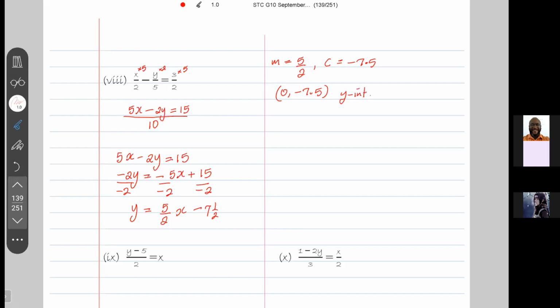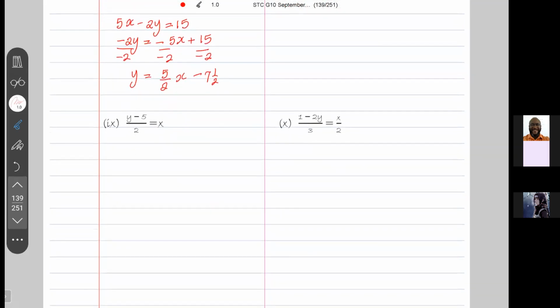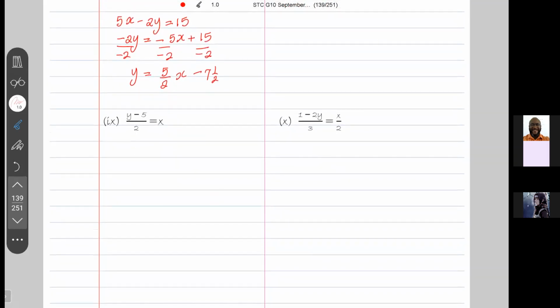I also said I'm going to do X. So everybody pay attention. Now in X, same thing we need to do: determine what the gradient is, what the y-intercept is, and the coordinates of the y-intercept. Now, X is an equation with fractions, but with X, what we have is one fraction is equal to one fraction.